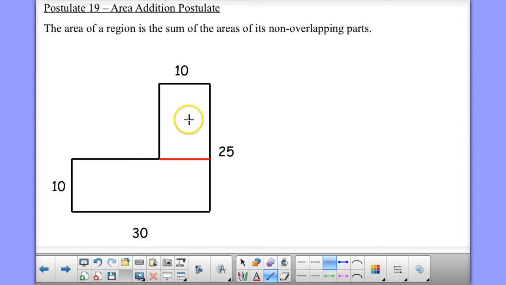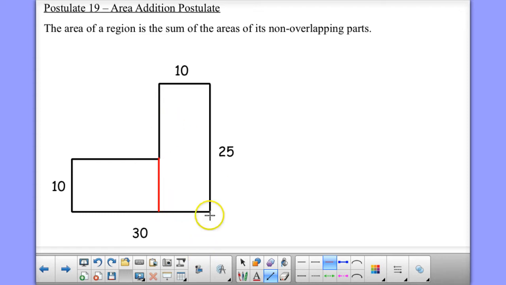Now I have two rectangles, and I can find the area of those rectangles separately and then add the areas together to get the total area of the region. I could have split this L shape into two rectangles by drawing a horizontal line, or by drawing a vertical line. Either of those would work.